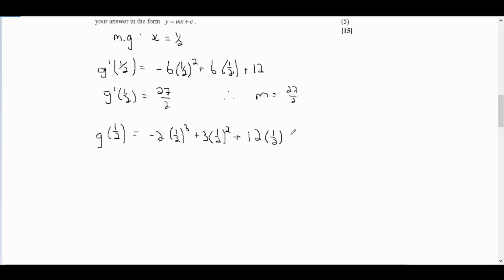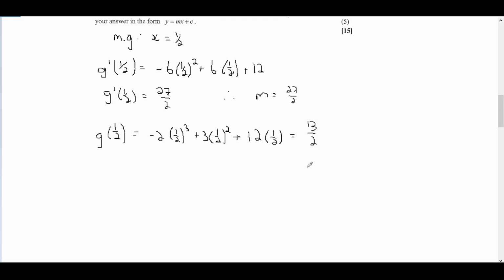And once again, all of this goes into the calculator and you'll get an answer of 13 over 2. So we got one set of coordinates, which is x equal to a half and y equal to 13 over 2, and we got an m value as our gradient.